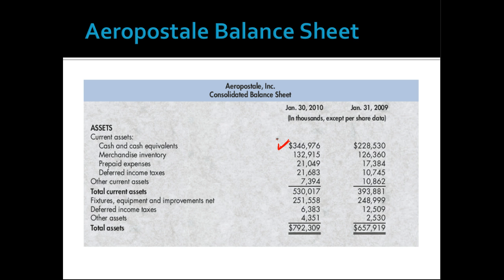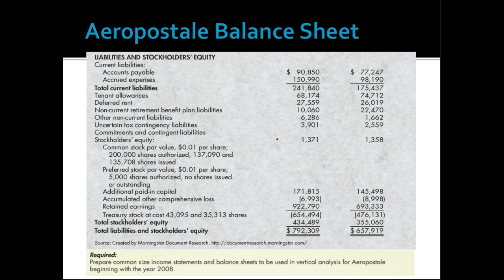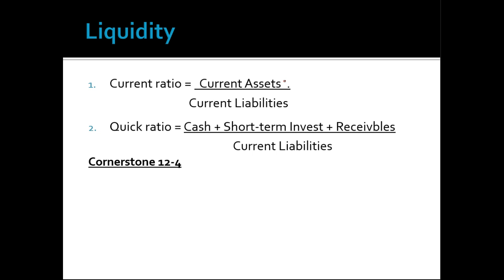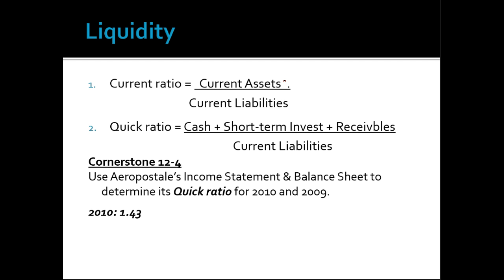346,976,000, and we are going to divide that by total current liabilities, which we know that didn't change, 241,840,000. Punch that into your calculator, and what are we going to get? Yes, we get 1.43. Now, once again, we're still over 1. That's good. I still feel like this company is decently healthy. What was it in 2009?